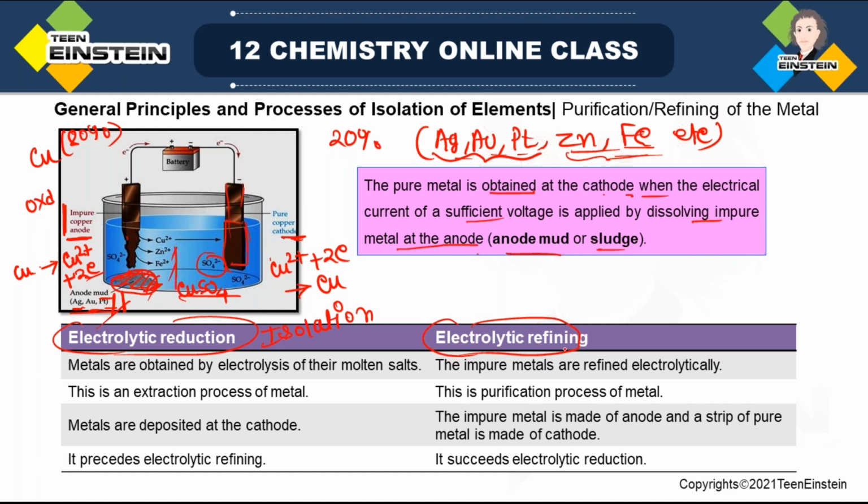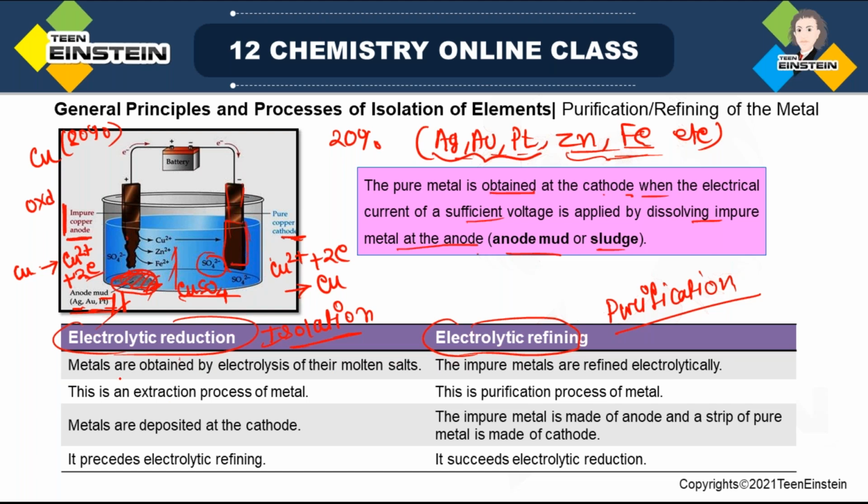Electrolytic refining, though the terms sound almost similar, are not the same. The electrolytic reduction method is under the isolation step, but the electrolytic refining method is under the purification step. So they are not the same. When it is electrolytic reduction, our purpose is to reduce the metal. But when it is electrolytic refining, the purpose is to purify the metal.